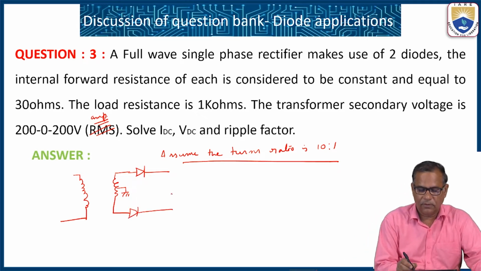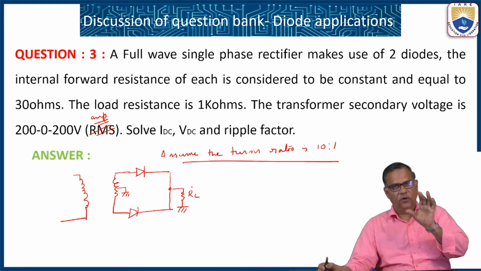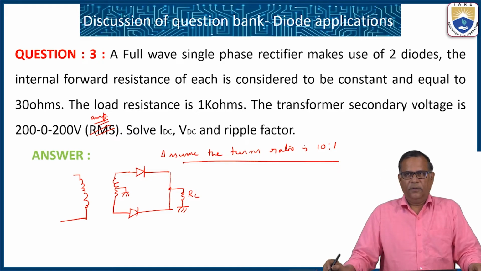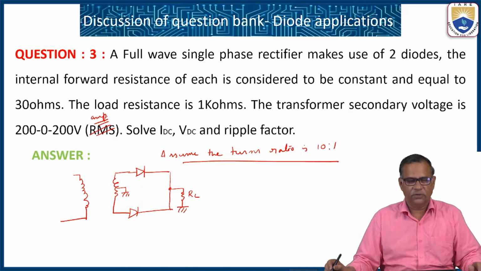This is another diode, and this is the load resistance RL, and this is the ground point, and the output is taken across the load resistor. And we have assumed that the transformer secondary voltage is 200-0-200 amplitude, and the turns ratio is 10:1.